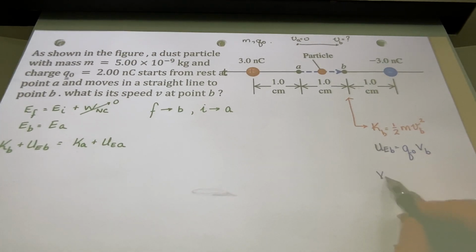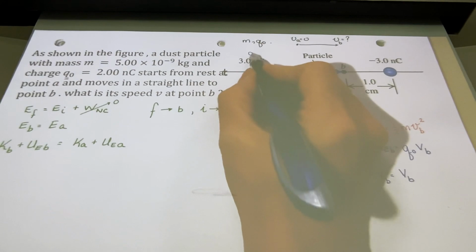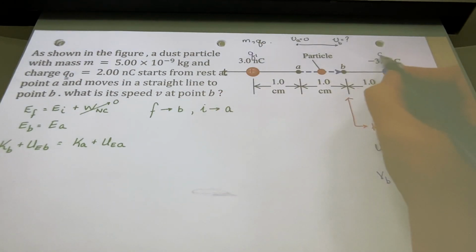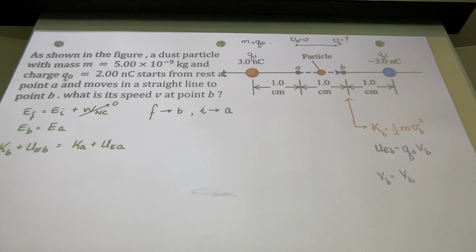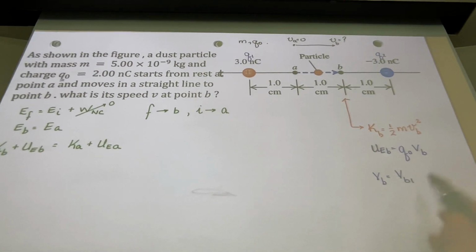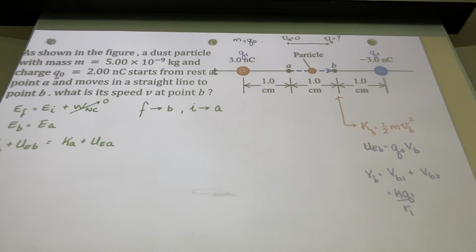So potential at B. Just to keep our symbols straight, I'm going to label them Q1 and Q2. My potential at point B is my potential at B from charge 1 plus my potential at B from charge 2. My potential at B from charge 1 is K times Q1 over R1.